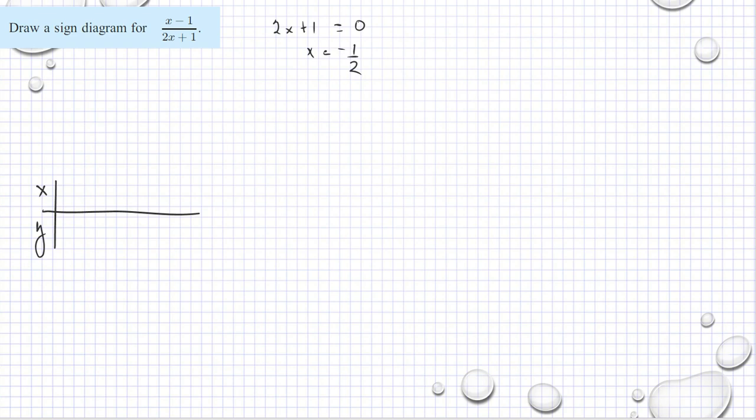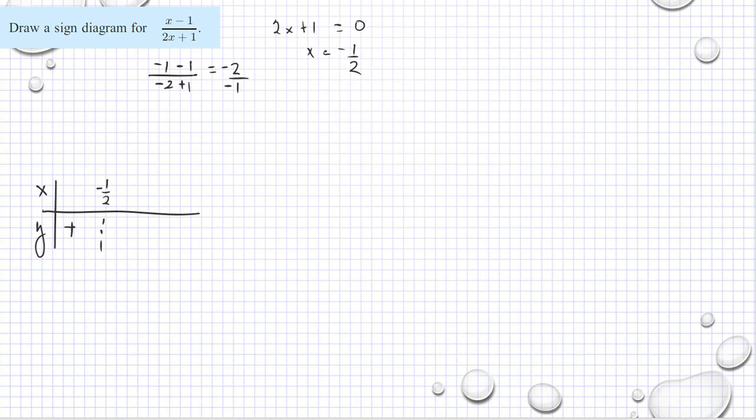So if we have negative 1/2 here, then we have an asymptote there. Okay, before that, if we have negative 1, so I have negative 1 minus 1 divided by negative 2 plus 1, then we have negative 2 over negative 1, so we have positive there.